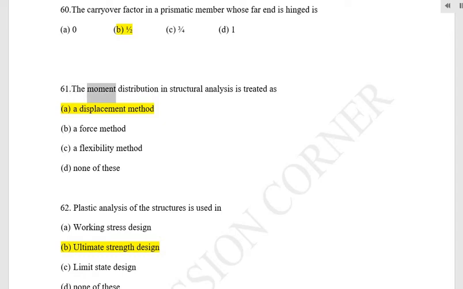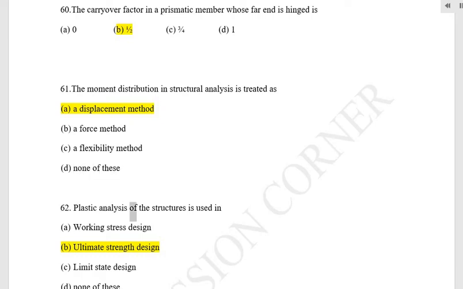61. The moment distribution in structural analysis is treated as: a displacement method, a force method, a flexibility method, none of these. 62.